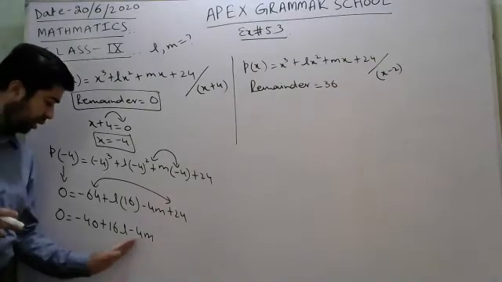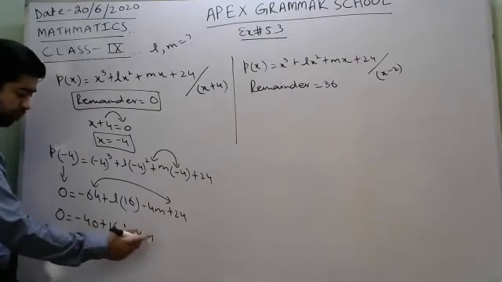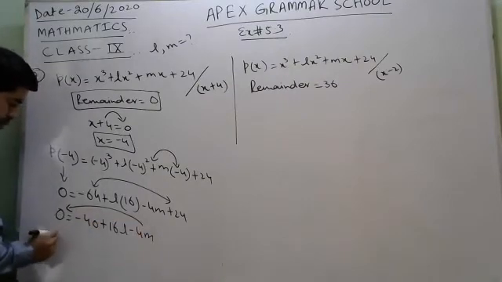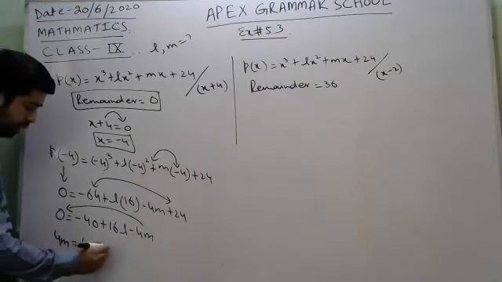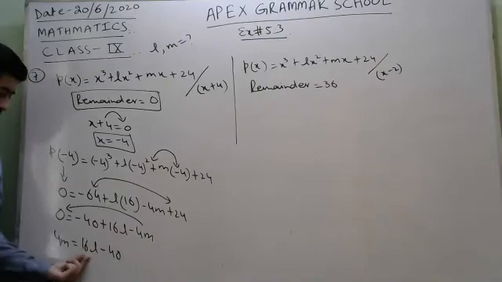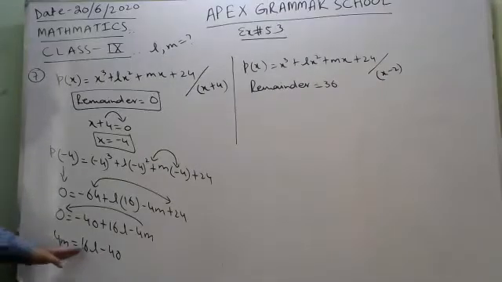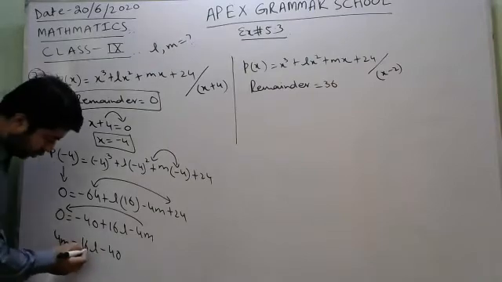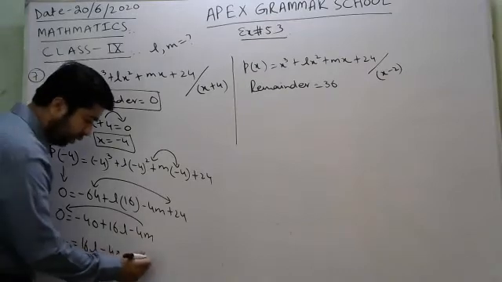This minus 4m will become positive here. Plus 4m is equal to 16L minus 40. I'm going to write the positive value in front of this minus 40. Now 4m is equal to 16L minus 40. This is equation number 1.